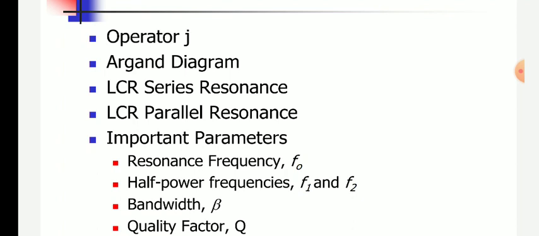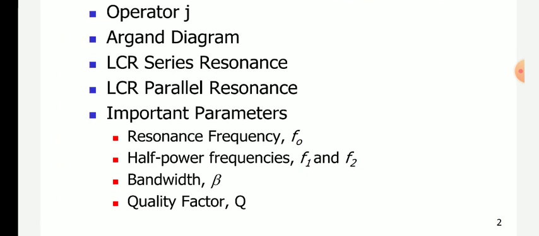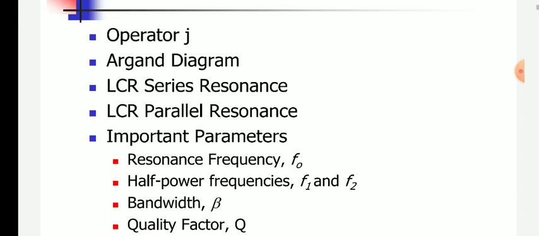Under this we can define some important parameters: resonant frequency, half power frequencies, bandwidth, and quality factor. So we are deriving the expression for the current as well as the impedance and phase for the LCR series resonance circuit using this operator j.